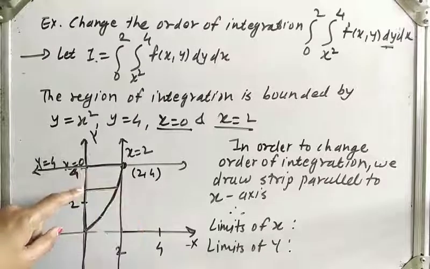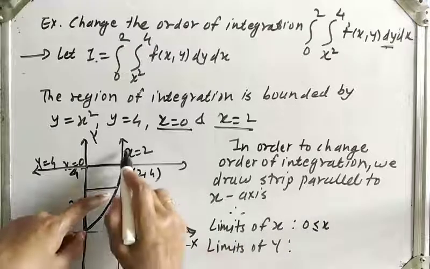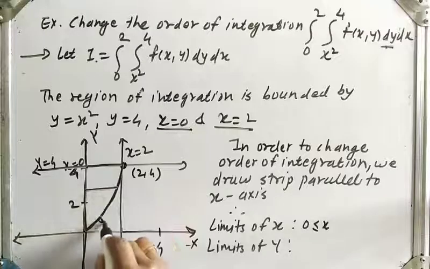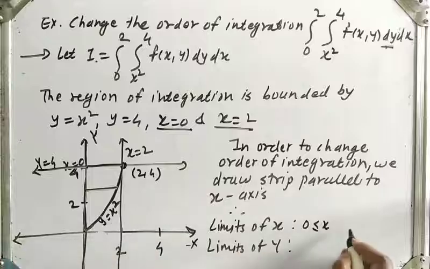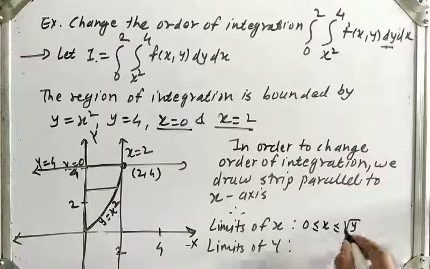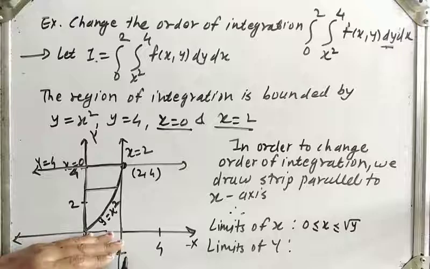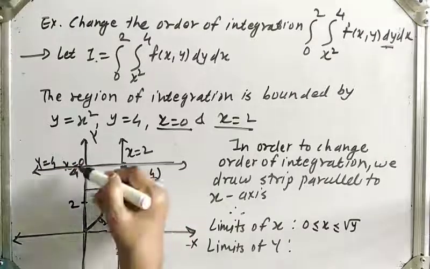This curve is x equal to 0, so 0 less than or equal to x, and here this strip touches this parabola. Equation of this parabola is y is equal to x square, so what will be x? x will be root y. So x is less than or equal to root y, and y changes from 0 to 4.